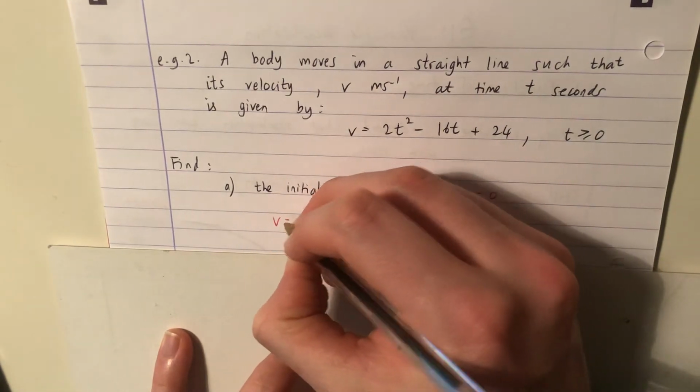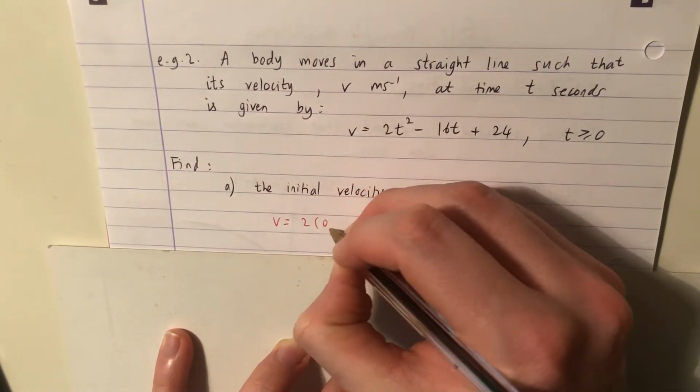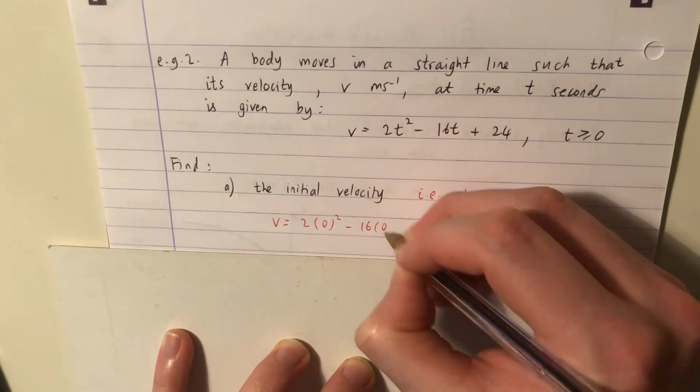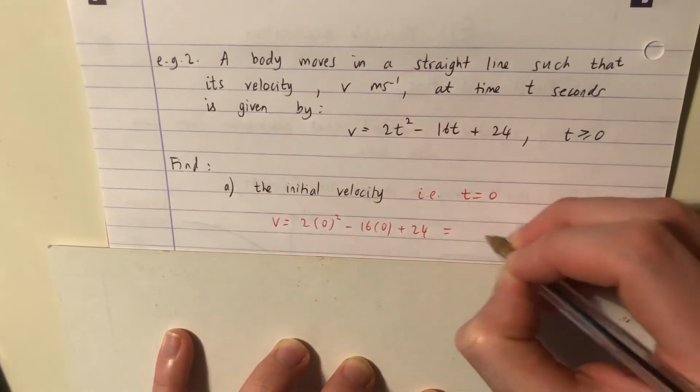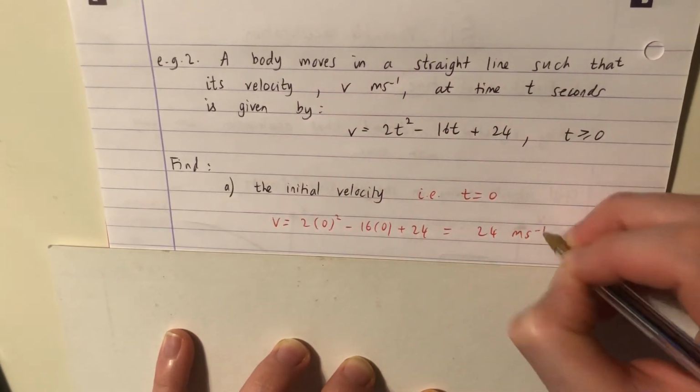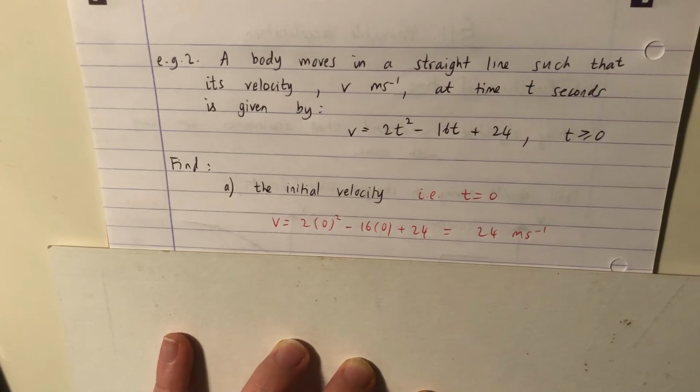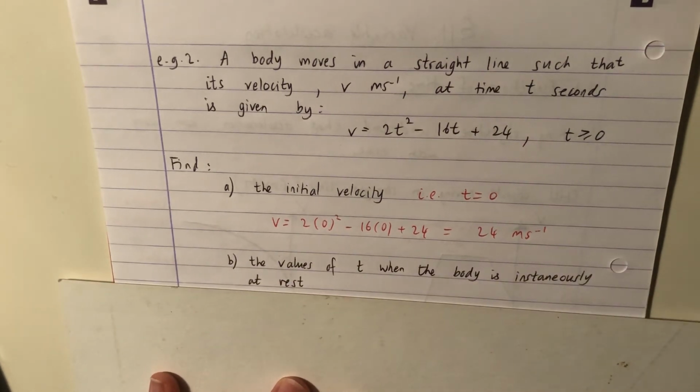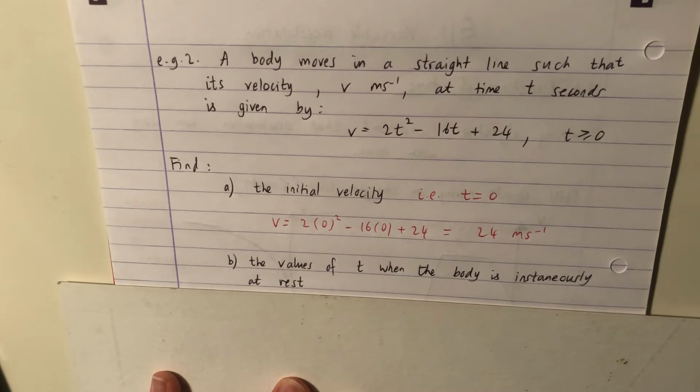And if you take v and you replace every t value with 0, you get 24 meters per second. Pretty straightforward start. Part B, find the values of t when the body is instantaneously at rest. So just for one instant, the body will be at rest.